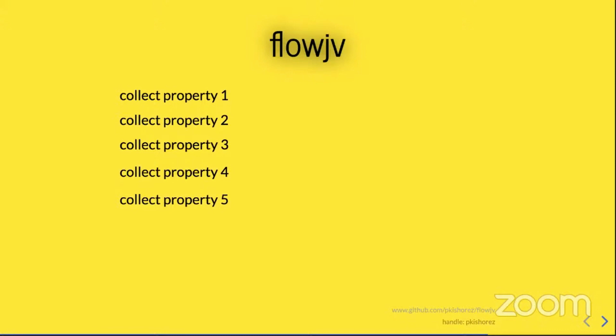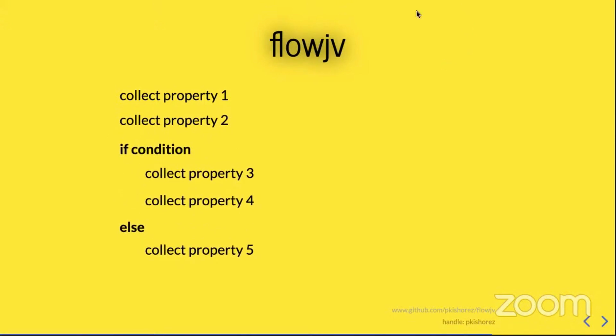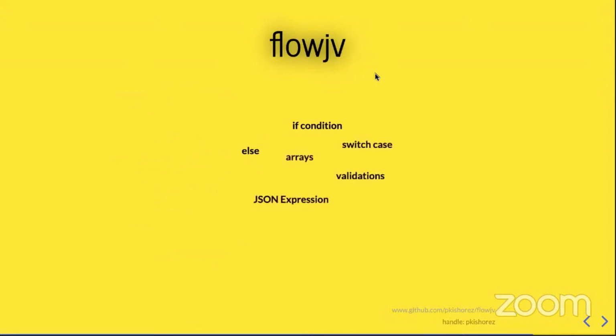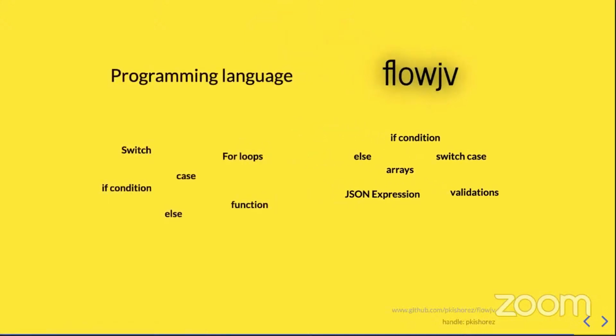In the same way we have if conditions in a programming language, we can also instruct saying that if some condition is met, only then collect another property, otherwise collect some other set of properties. So just like in a programming language, we've got different semantics in FlowJV, like if conditionals, switch cases, validations, arrays, and there is something called JSON expression. So the way I look at FlowJV is just like a programming language alternative to data collection and validation.